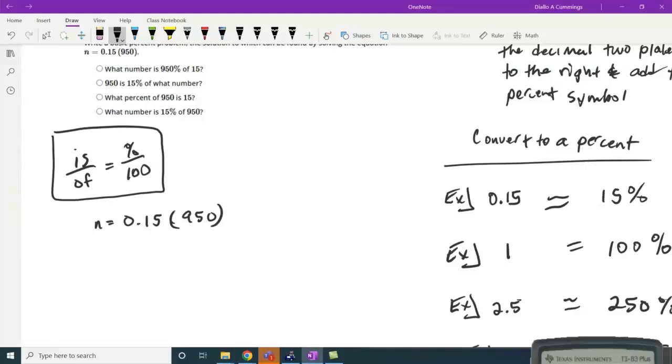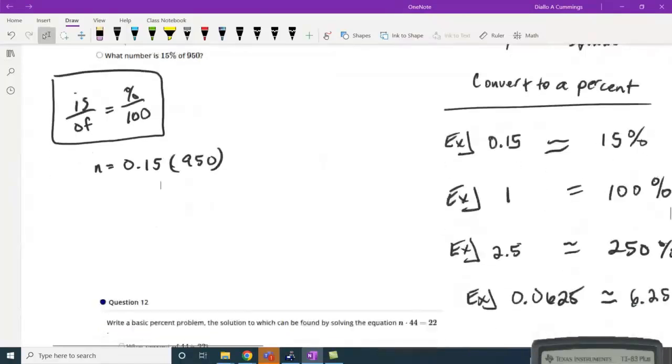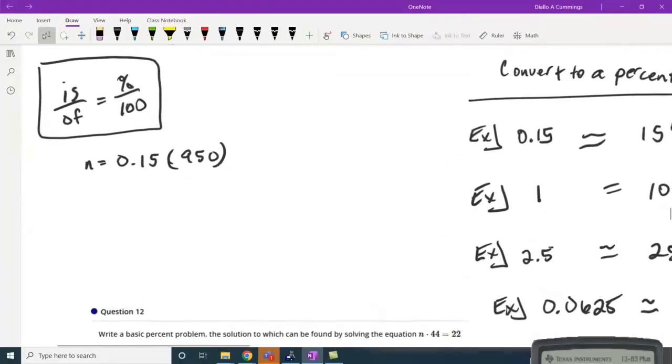Now this is where a little bit of algebra comes in. For our equation, we have n is equal to 0.15 times 950. If we divide by 950, whatever you do to one side, you have to do the exact same thing to the other side.